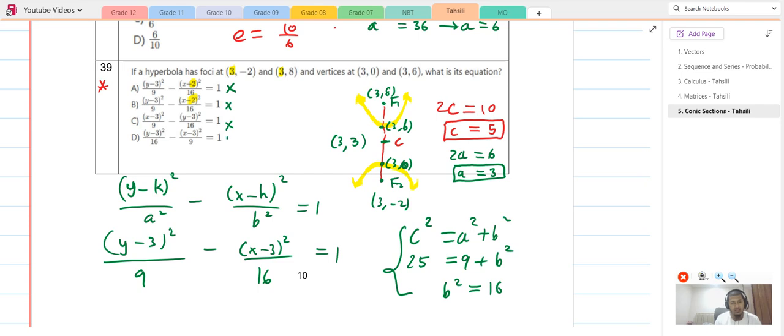It only looks like the answer is D, unless there's an error in the question: (y minus 3) all squared over 16 minus (x minus 3) all squared over 9 is equal to 1.